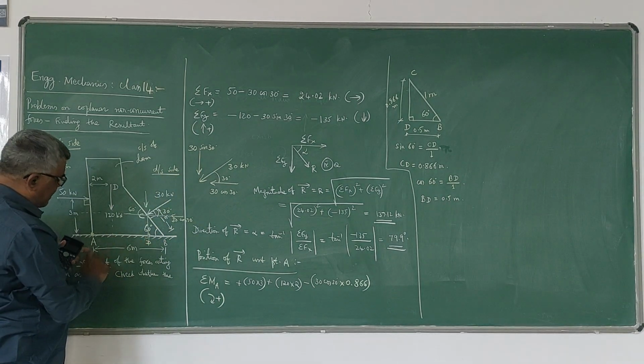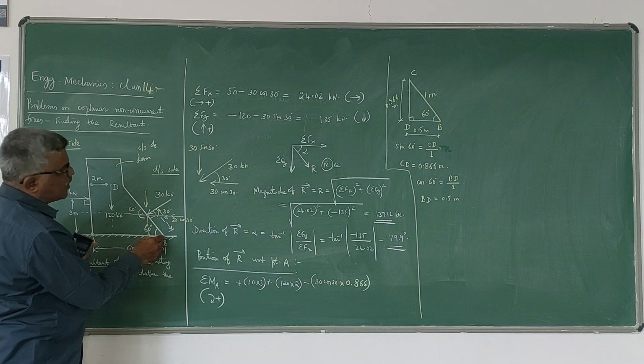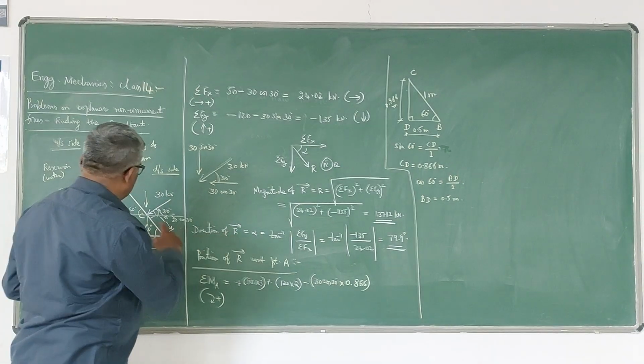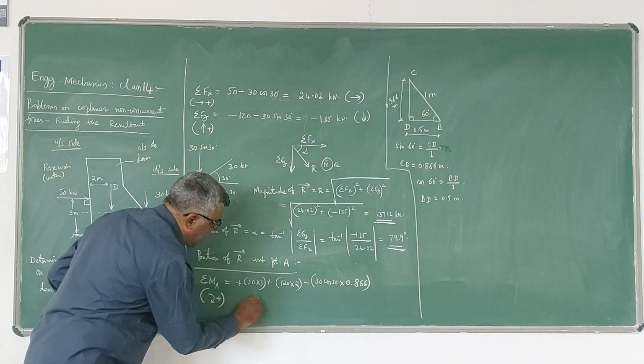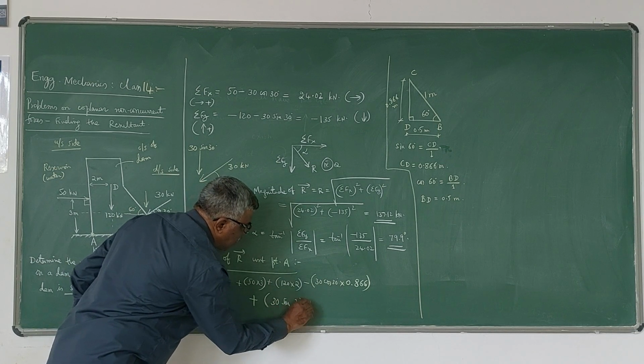So this AD will be 6 minus 0.5, because DB is 0.5, so you have to deduct that. So 6 minus 0.5 is 5.5. That means it is giving a clockwise moment, so plus 30 sin 30 into 5.5.